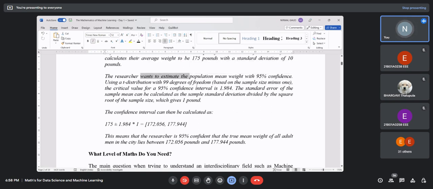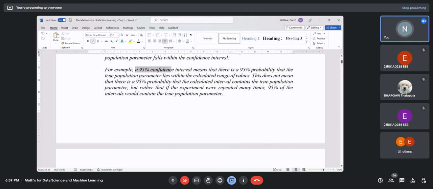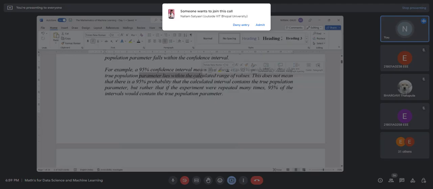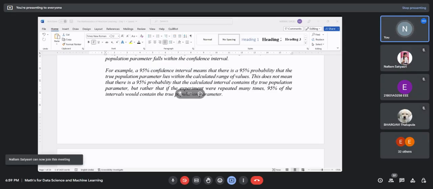To estimate the population mean weight with 95% confidence, there is a rule in the case of confidence: a 95% confidence interval means there is a 95% probability that the true population parameter lies within it. That means there is a 95% chance that your predicted value will lie in that particular range.